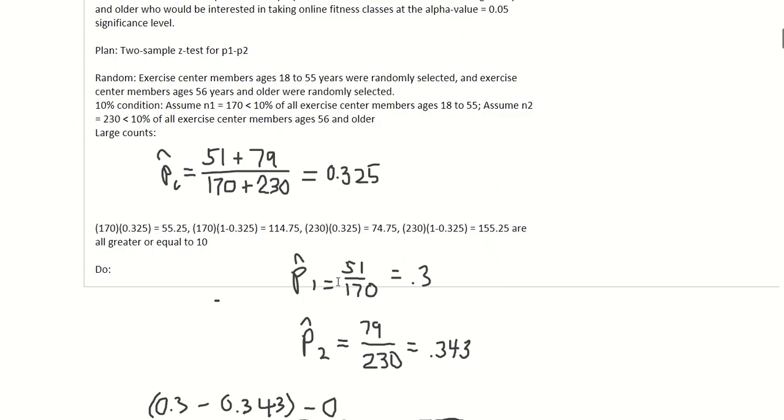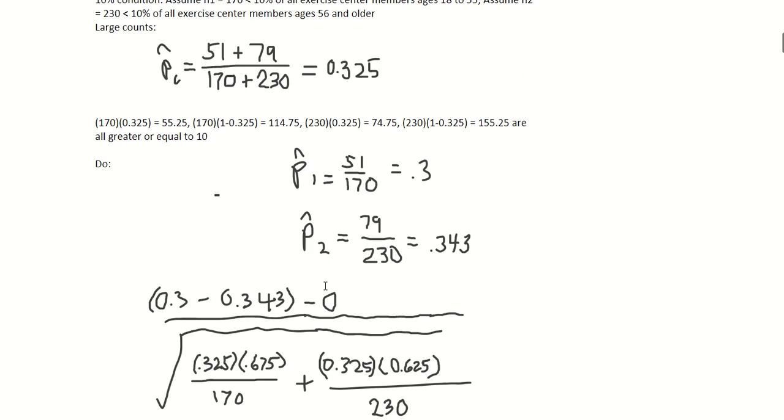So first, I calculated the sample proportions, which they've given us, and I made them into decimal form, so 0.3 and 0.343.